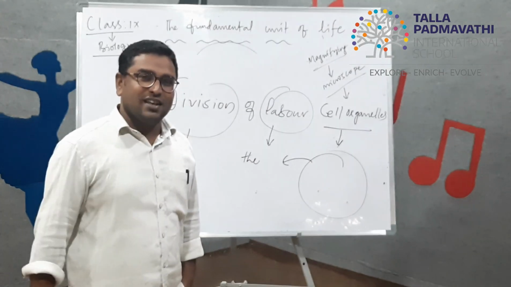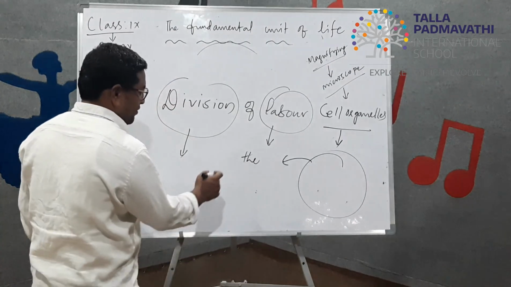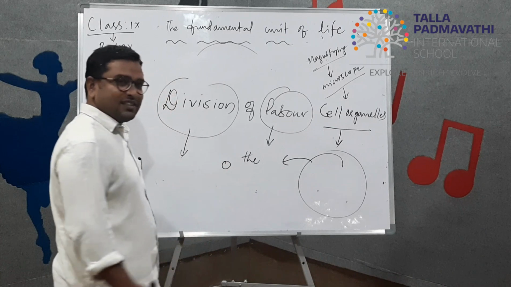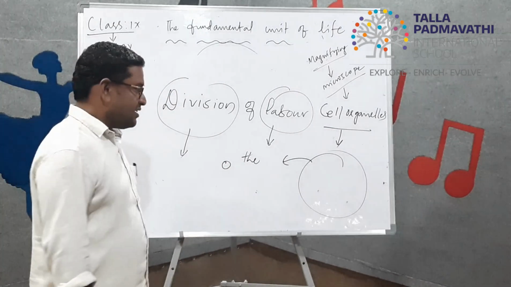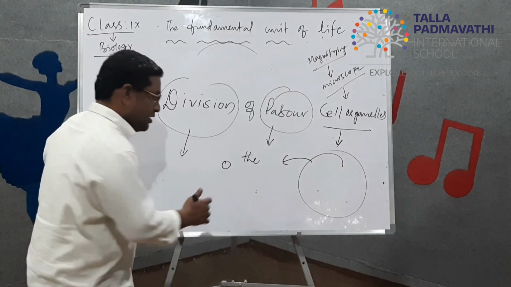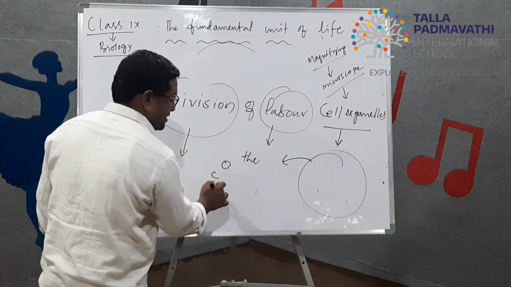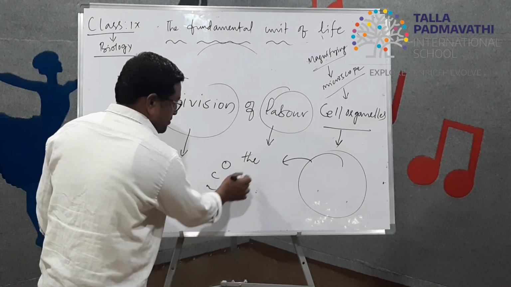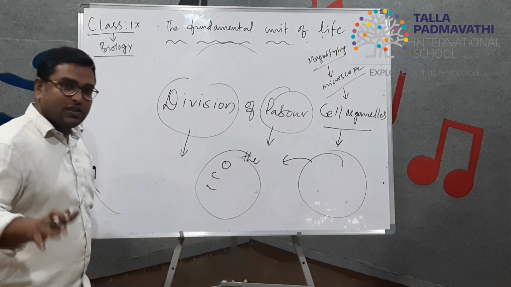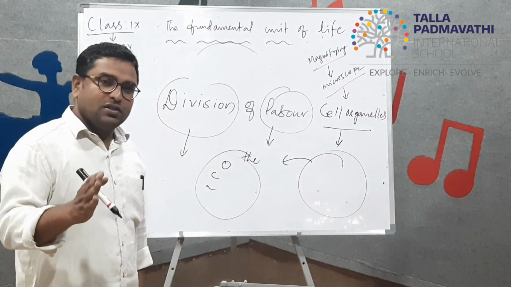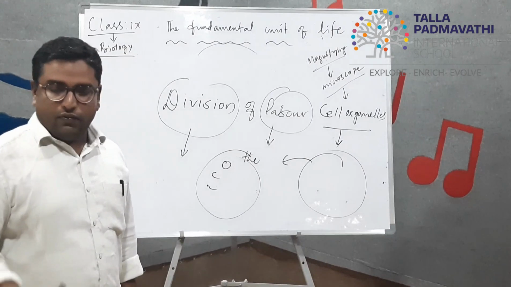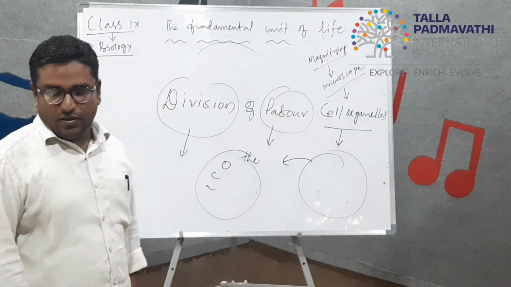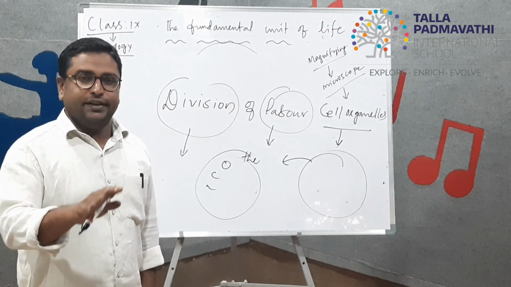What are the different cell organelles? Let's see that. There are the nucleus, chloroplast, mitochondria, ribosomes. So there are different types of cell organelles, and all those cell organelles will perform different functions. Okay, so we'll go with the next class.